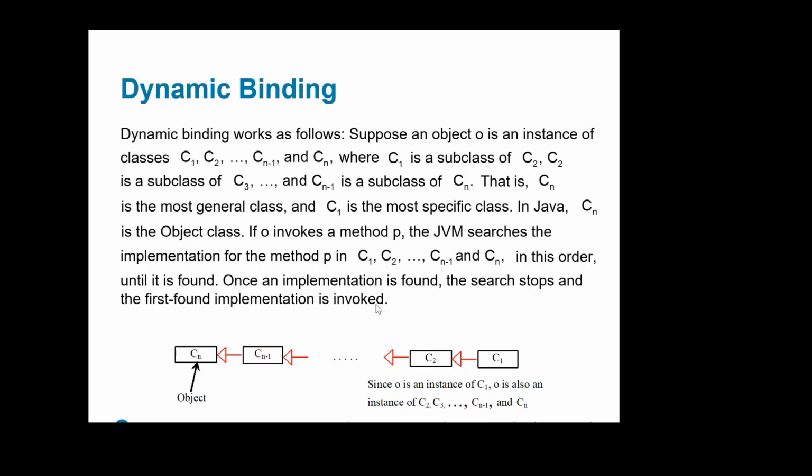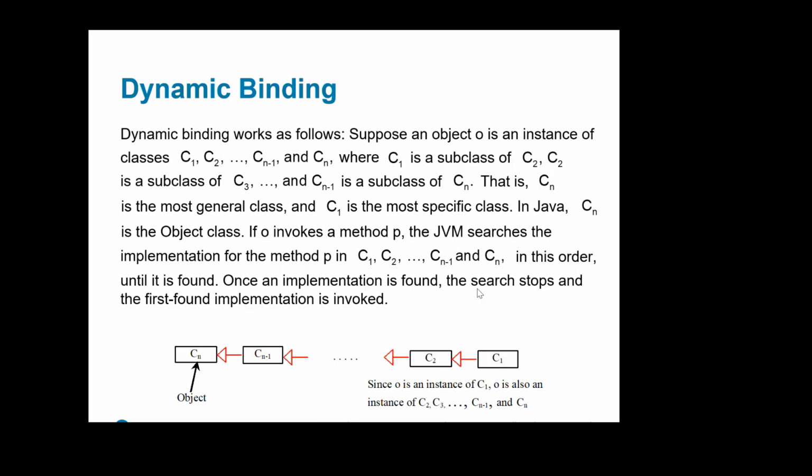So here they have shown multiple levels of inheritance: C1 is a subclass of C2, C2 is a subclass of C3, and Cn minus 1 is a subclass of Cn. So Cn is the parent class of all the classes, and Cn minus 1 is a subclass of that class, and so on.